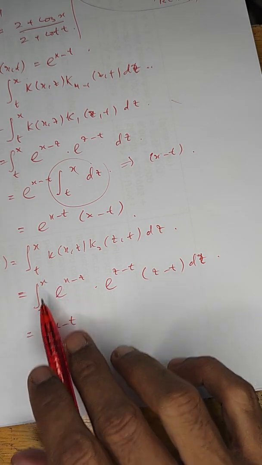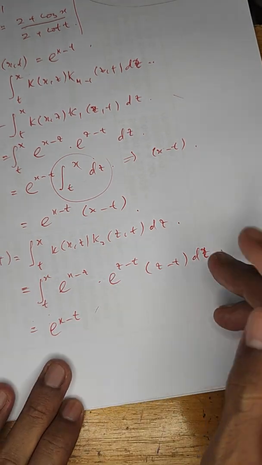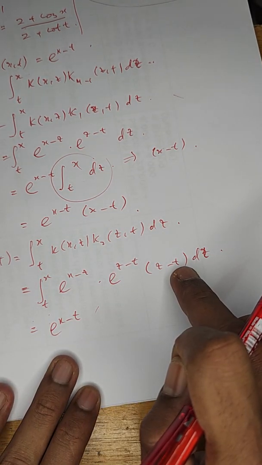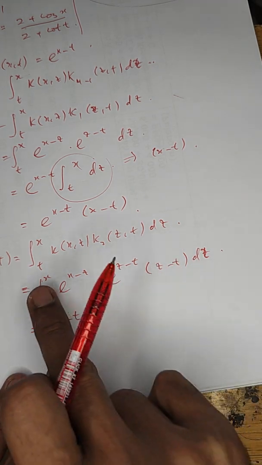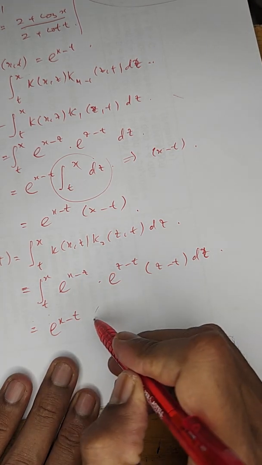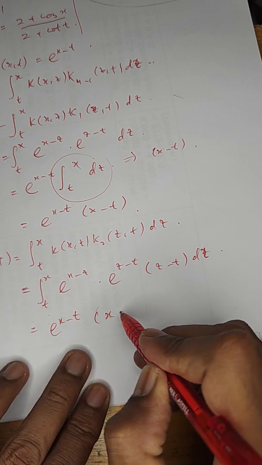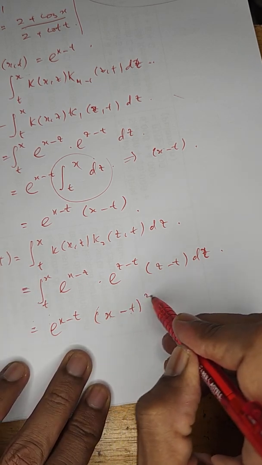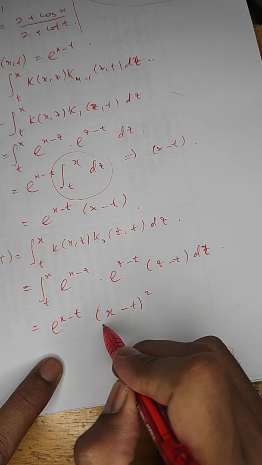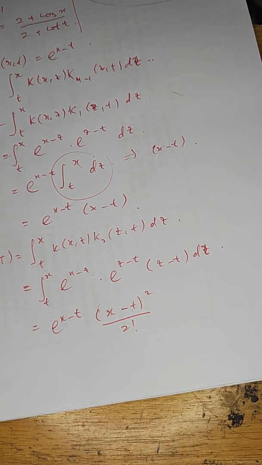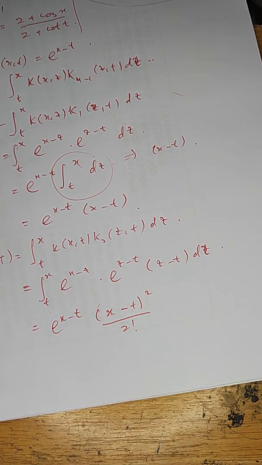We evaluate from t to x. That gives you e^(x-t)(x-t) squared over 2 factorial. We just integrate those, so you get those.